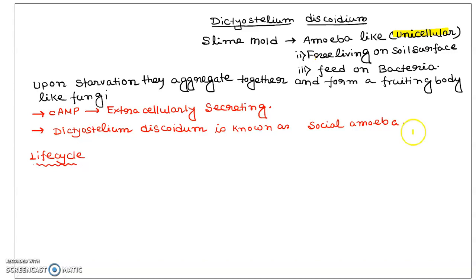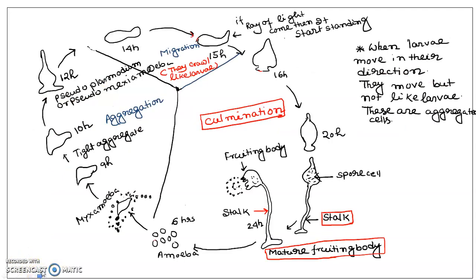It feeds on bacteria, and upon starvation the cells aggregate together and form a fruiting body like fungi. Cyclic AMP is the major important signaling molecule, secreted extracellularly by Dictyostelium discoideum, which is also known as the social amoeba. So let's see the life cycle of Dictyostelium discoideum.